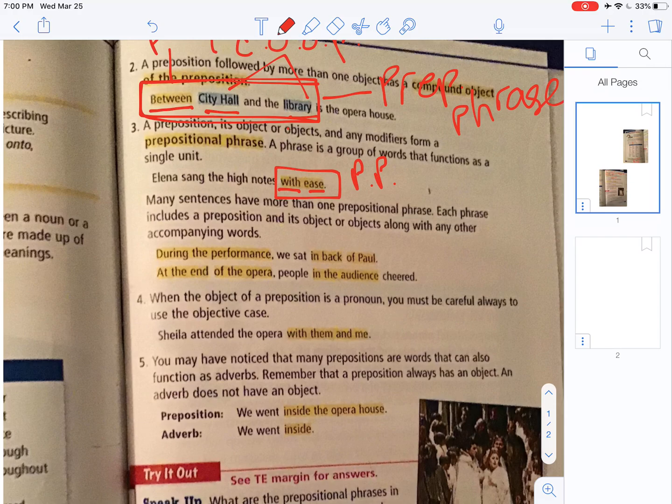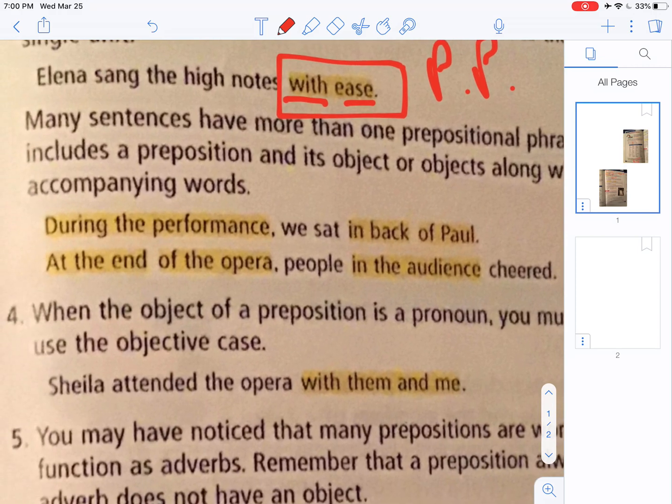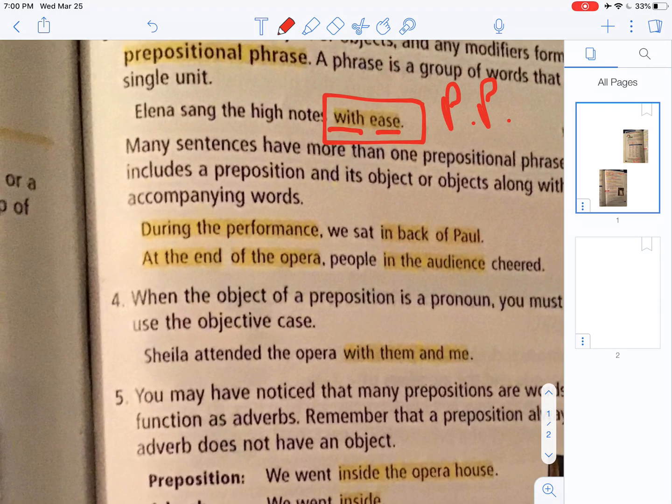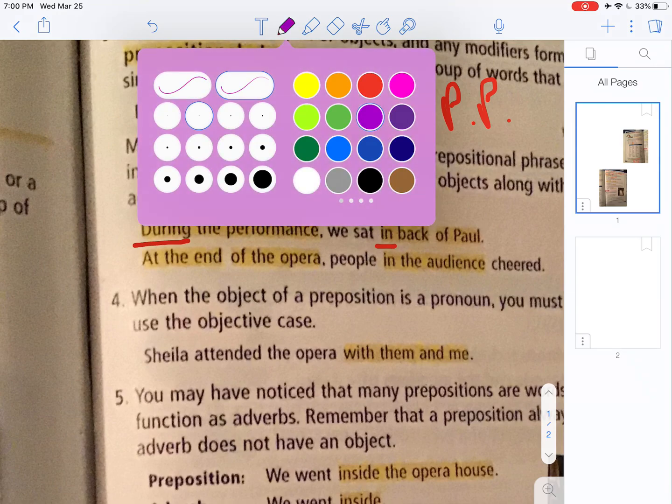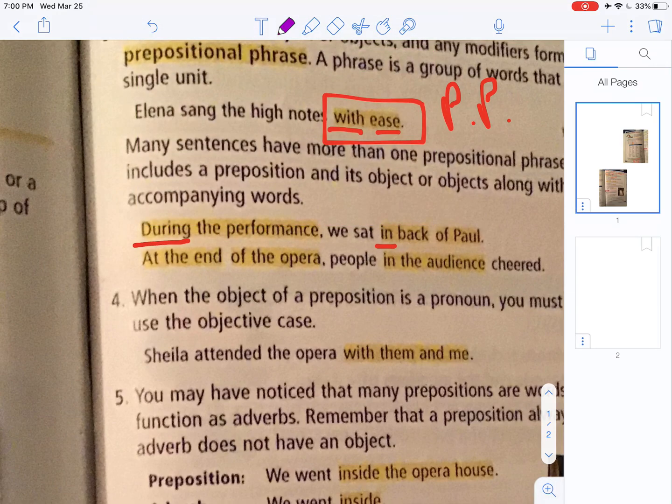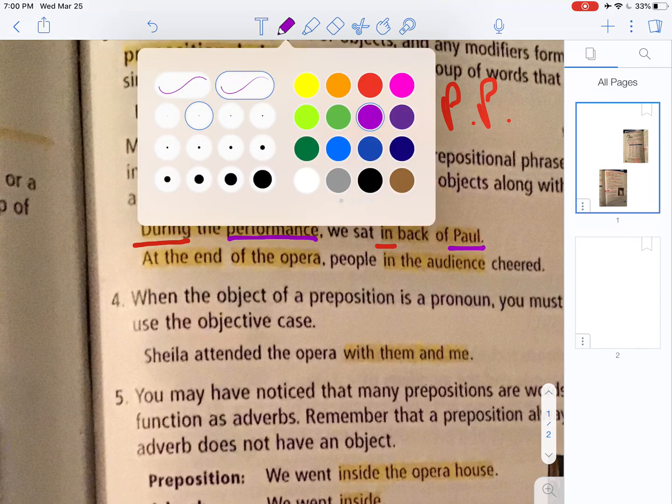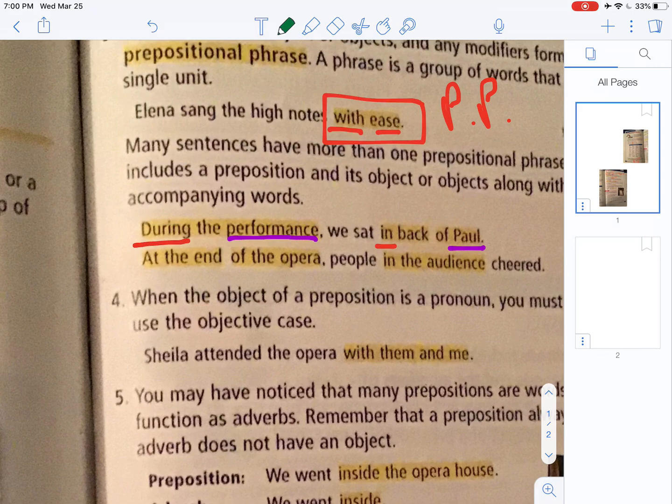So if you look at this first sentence right here, during the performance we sat in back of Paul, you have two prepositions, during and in. You then have two objects of your preposition, performance and Paul. Then what you're going to have is your prepositional phrases.